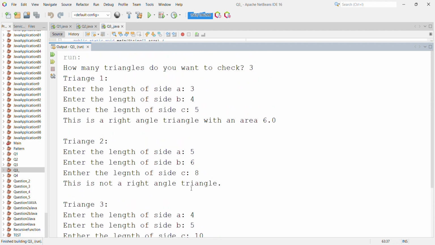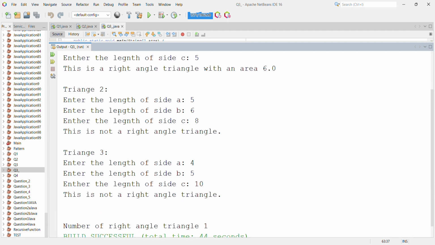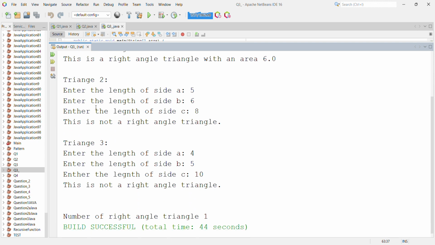And when we look at the solution, first part, this is a right angle triangle with an area 6 because it is a right angle triangle, right? And second triangle, A 5, B 6, C 8, this is not a right angle triangle.